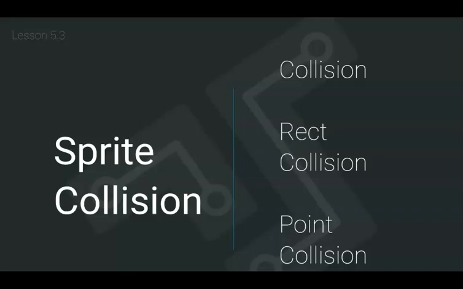Now, when we talk about sprite collision, there's a couple different things we need to think about. Collision is one of those. That's obviously where two things hit one another. And the other part is rect collision, or rectangle collision. If you think about what that means, remember, every sprite is actually an image inside of a rectangle, and that's why when we create the sprite designation, when we draw it, we have the numbers that represent the top left corner of that rectangle.